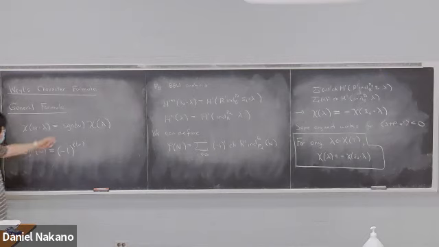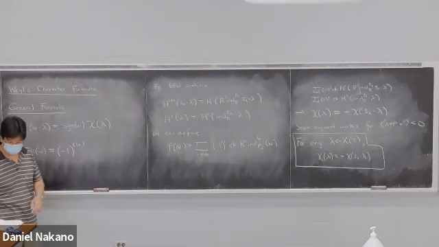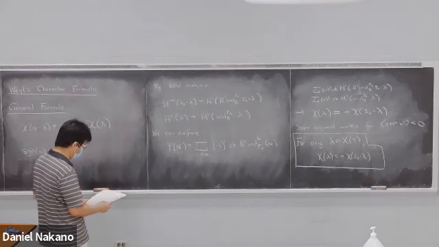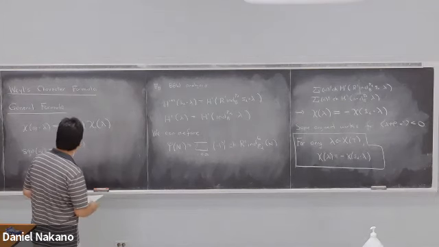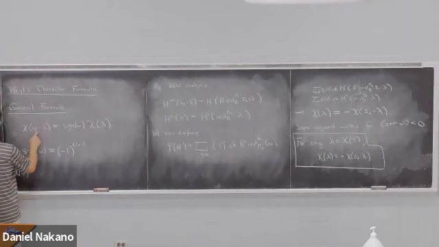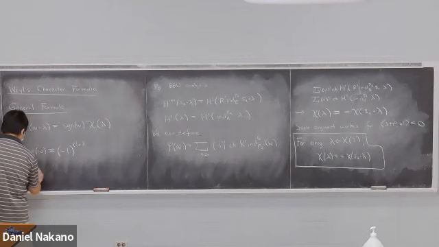Okay, so I'll just use this sign here, minus 1. Okay, and then there's a note that if I take chi of 0, then w, well, then I just get 0.